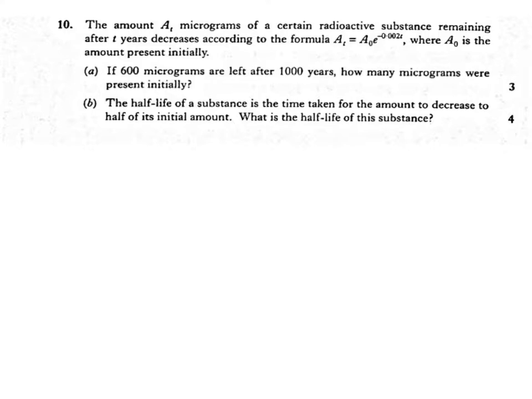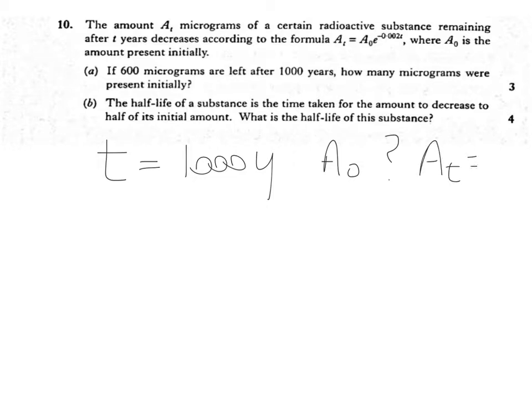So the time we can see is given by 1000 years. Now, A naught is what I'm looking for, and A(t) is the amount after 1000 years, and that's 600. So I'm going to now change the subject of the formula to A naught. So A(t) equals A naught e to the minus 0.002t.